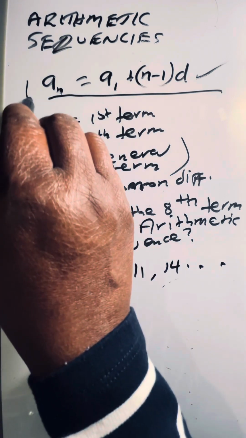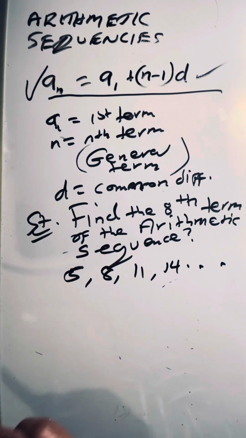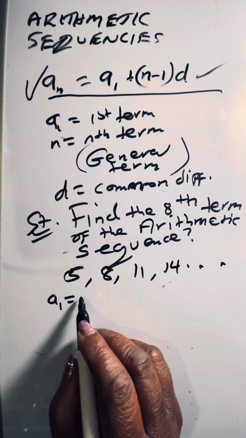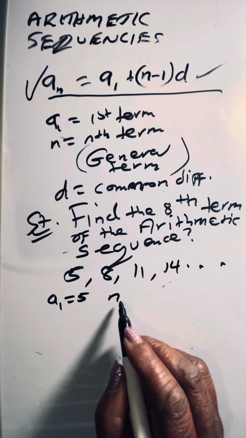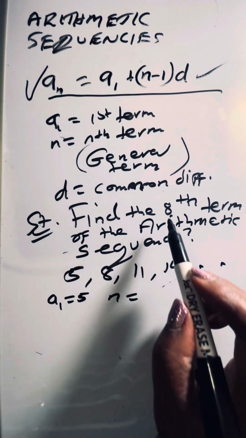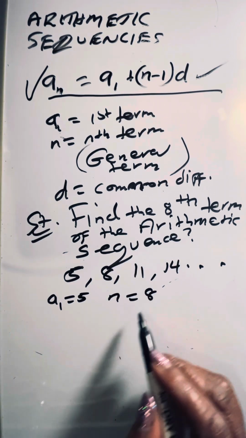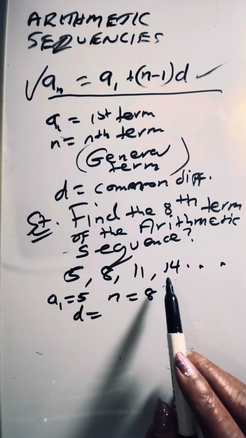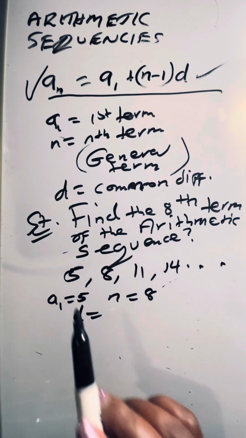Remember, we're going to use this general formula for our arithmetic sequences. So here the first term is 5. The nth term is what we're trying to find, 8. And the common difference is found by subtracting any two of these numbers.